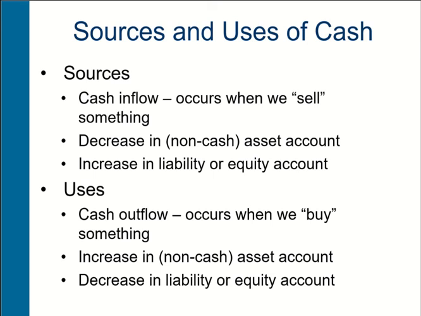So if we pay some sort of an expense, like a phone bill or some other operating expense like that, that's not going to impact our asset account, and yet it is still a use of cash. The way you want to think about it is that any expense is going to show up on the income statement, and it will have the impact of ultimately lowering our net income.